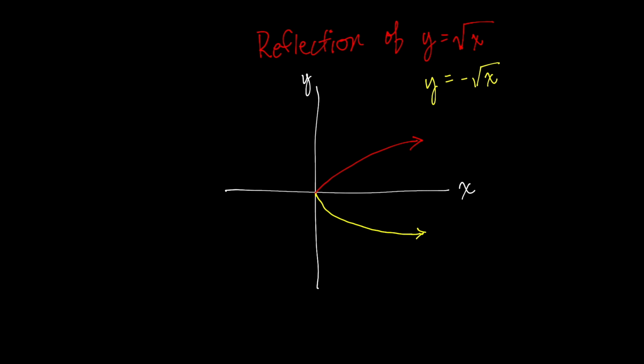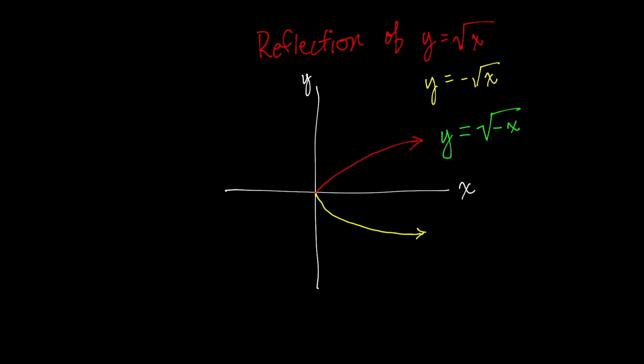The other type of reflection that we can do is we can flip it across the y-axis. So in order to do that, we don't change the sign of the y, we actually change the sign of the x. So I'm going green, and instead of putting a minus sign on the outside like I did up here, we're going to put a minus sign on the inside.